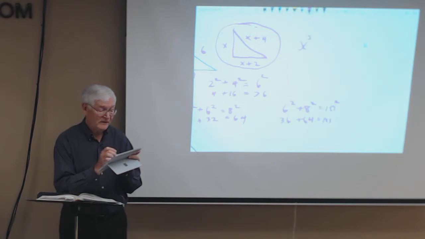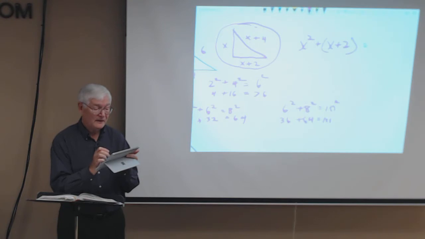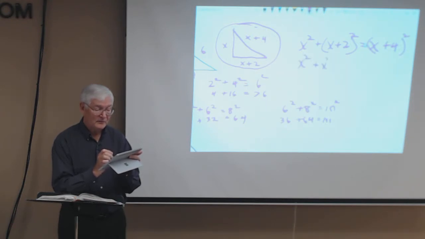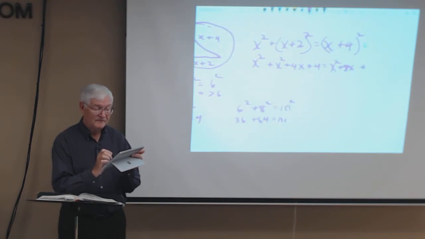x squared plus x plus 2 squared equals x plus 4 squared. And then that would be x squared plus x squared plus 4x plus 4 equals x squared plus 8x plus 16.